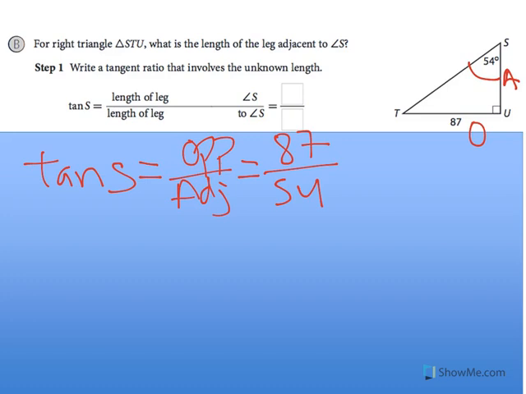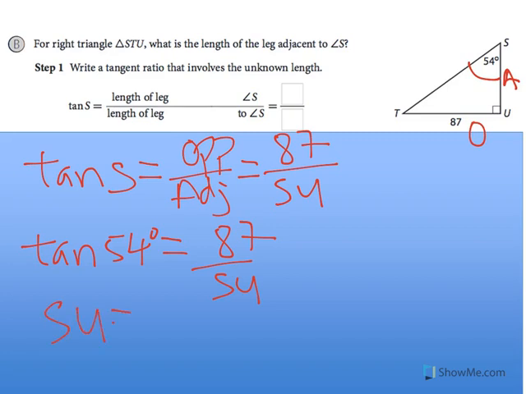So then we're given the angle S is 54 degrees, so we change this to tangent of 54 degrees is equal to 87 over SU. So then to solve it, we have to use the cross product. So then SU is equal to 87 divided by tangent of 54 degrees.